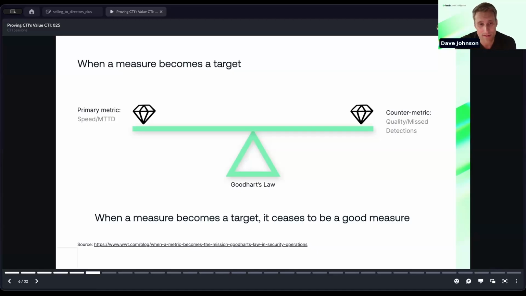This can be applied in lots of different ways, but human beings are ingenious at, or incentivized to, game the system and make our lives easier. But you want to have this idea of a counter metric where, instead of speed, you focus on the opposite, to ensure that the worst case scenario doesn't happen, that you're burning yourself out and not doing quality work.